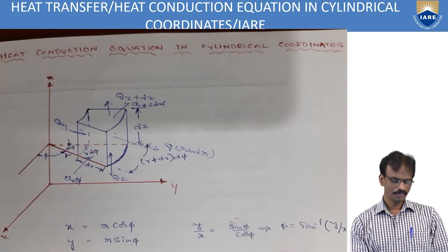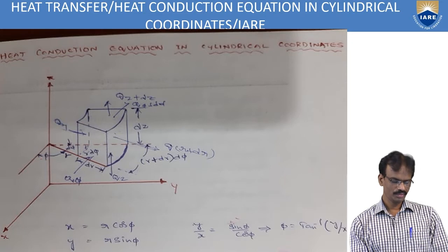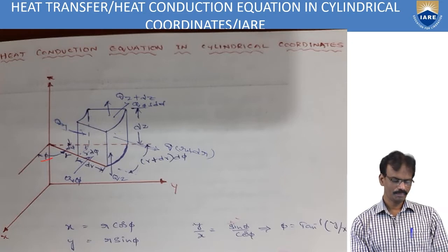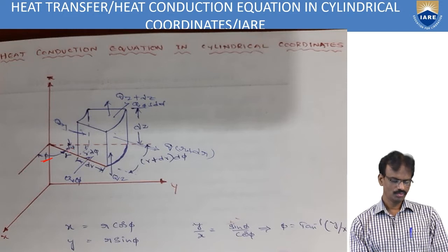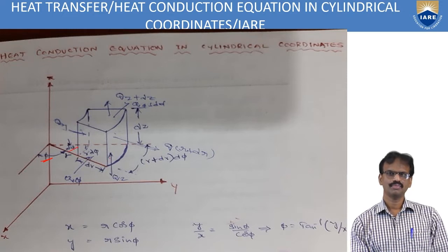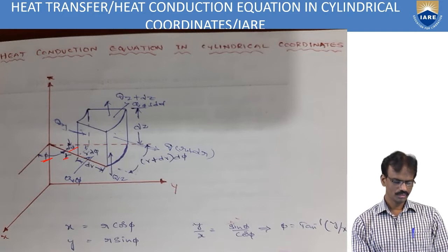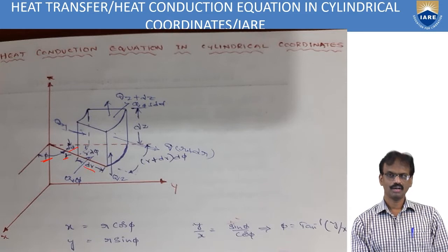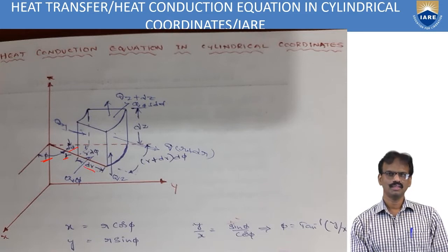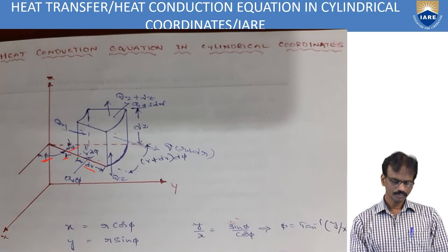That makes an angle with the x-axis, that is the angle phi. So dphi is the angle of this element. This is the r distance from this point, and the thickness of the element is equal to dr.